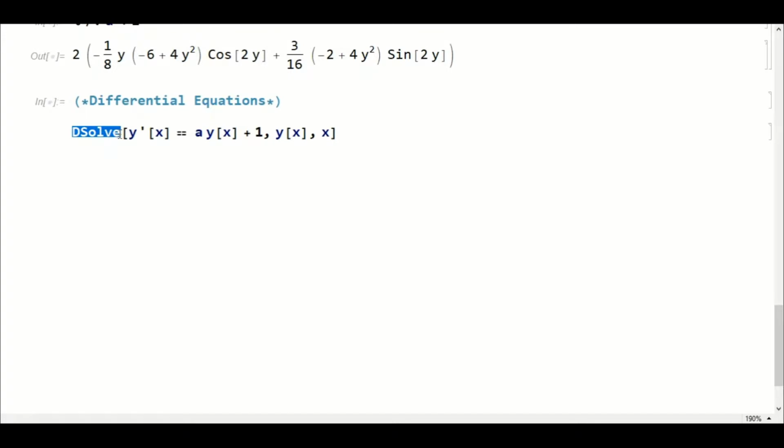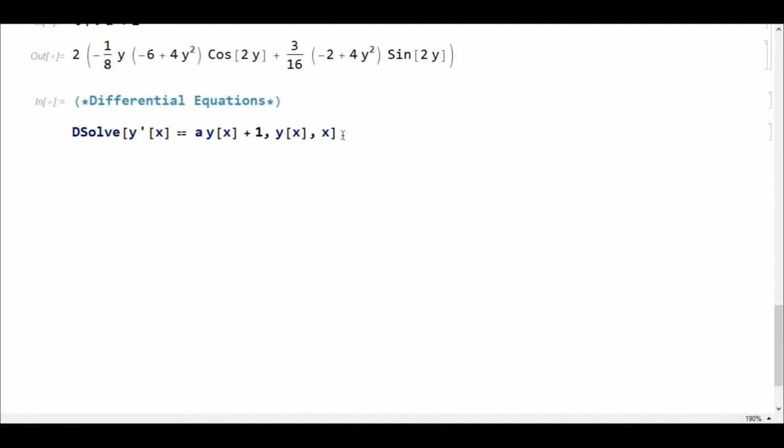DSolve is the inbuilt function for differential equations in Mathematica. You first write your differential equation, then a comma, then your dependent variable, which is y as a function of x, and then x, which is your independent variable.